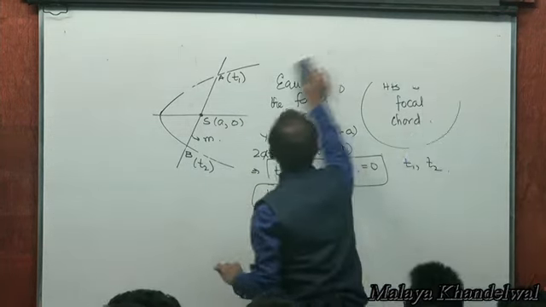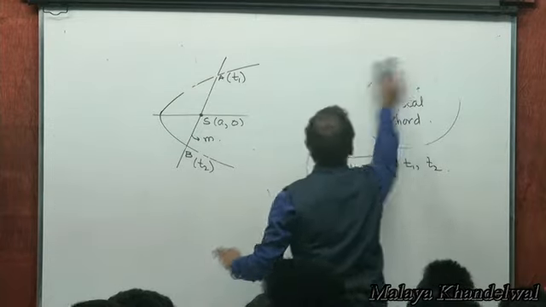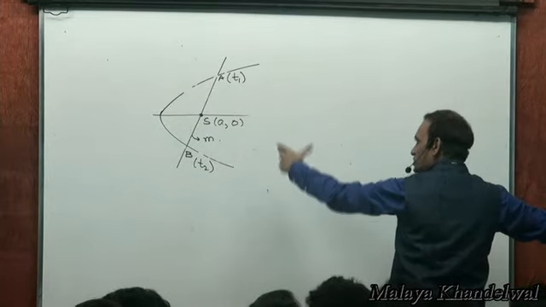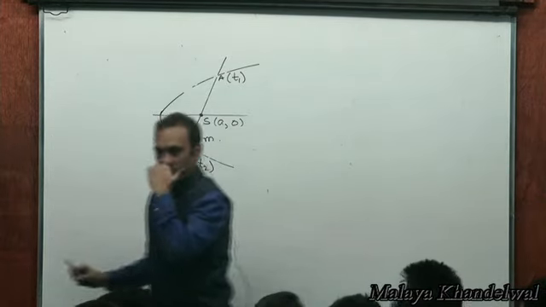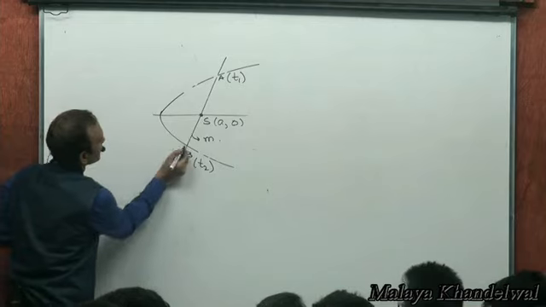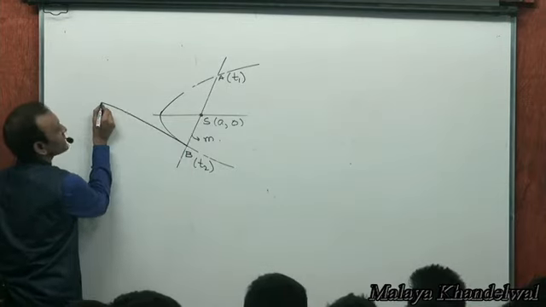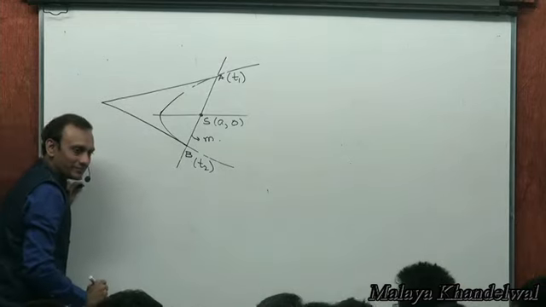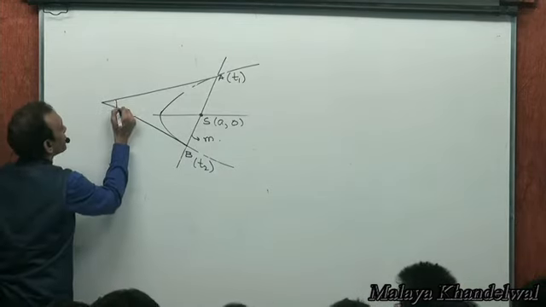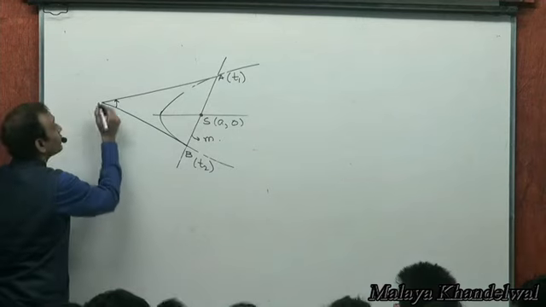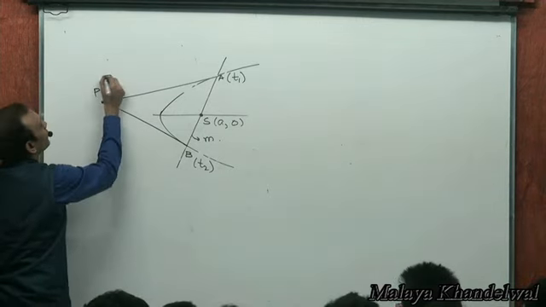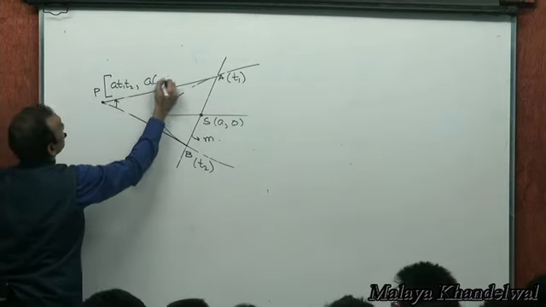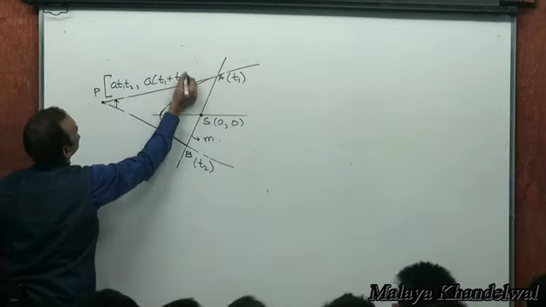So for this focal chord, say I draw a tangent at this extremity and a tangent at this extremity. I draw tangents at A and B, right? Then the tangents intersect at P, where P would have coordinates (a t1 t2, a(t1 plus t2)), a result that we obtained a little while ago.